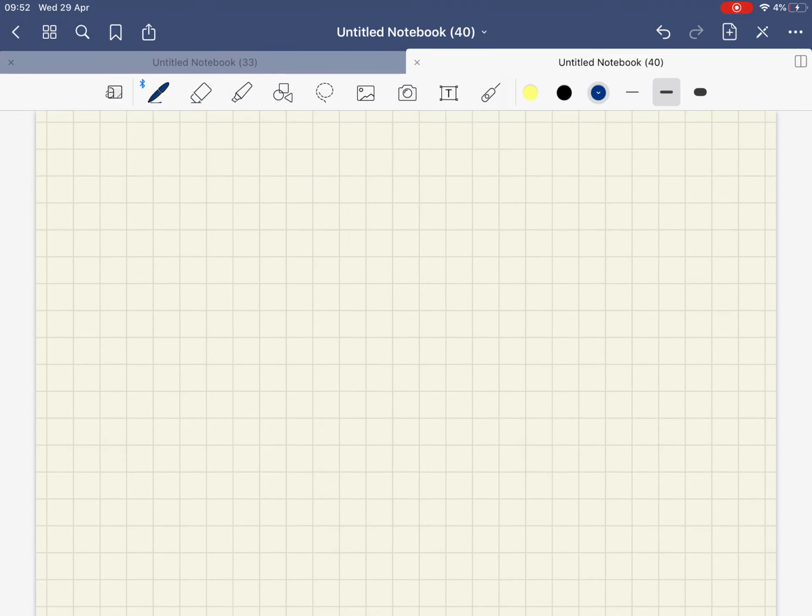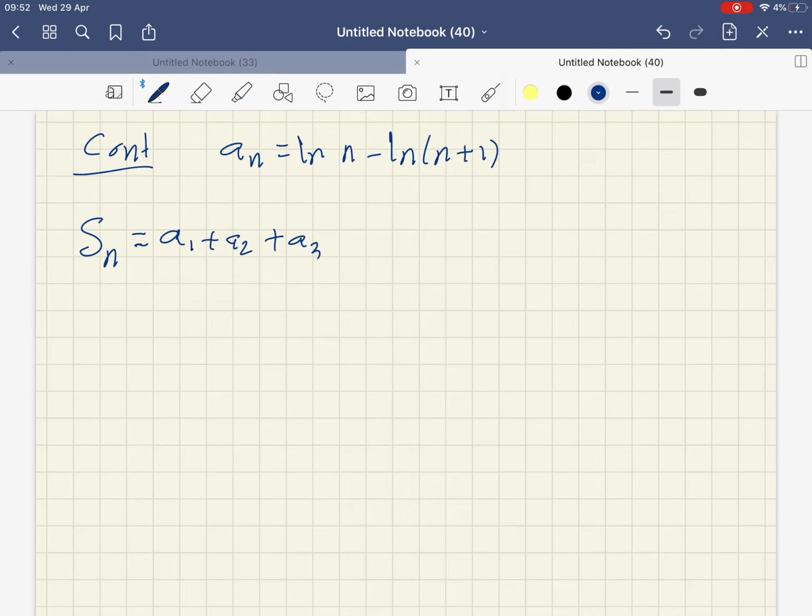That's much better. This is just a continuation. Remember that An is ln n minus ln of n plus 1. Now Sn is just A1 plus A2 plus A3, up to A(n minus 1) plus An.